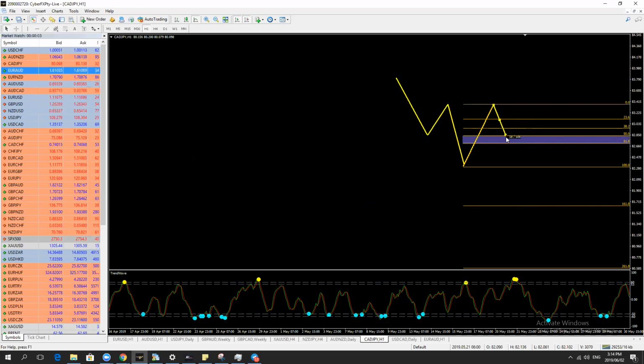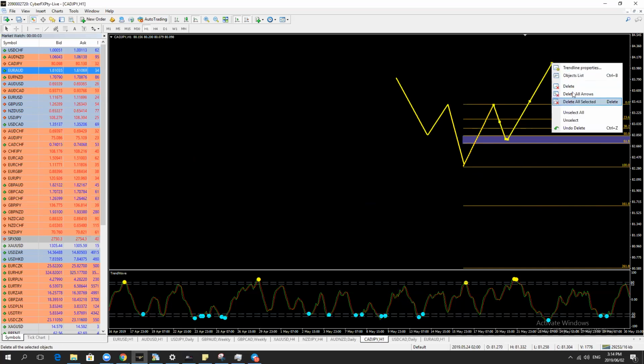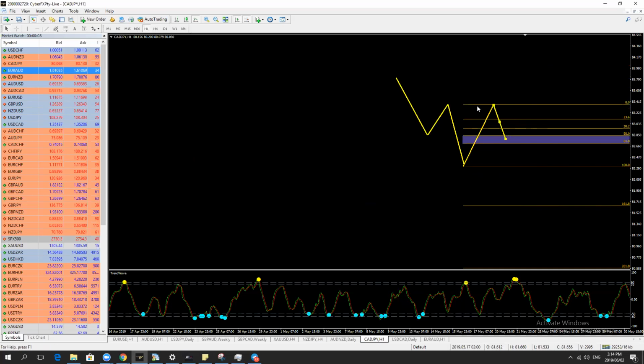If price comes there and bounces, then hey, I'm good to go. If I see some reaction in that zone, I'm good to go for the head and shoulders as confirmed. But if price does something like that, I wouldn't enter that. It could come down and just form a double bottom instead of creating the right shoulder.